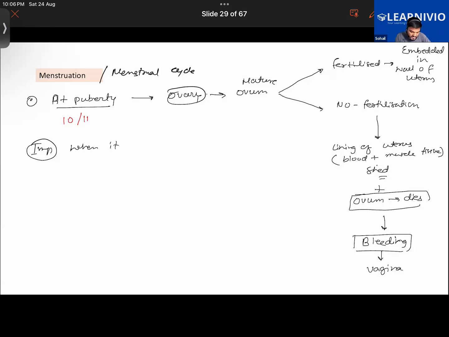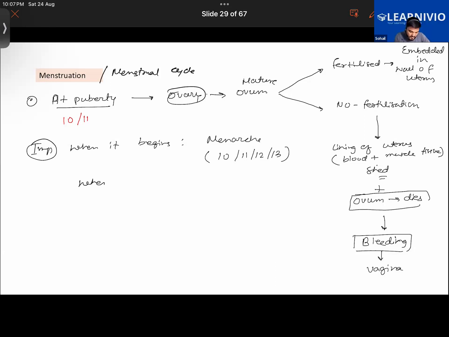When it begins, it is called menarche, usually at the age of 10 or 11 or 12, or in some cases up to the age of 13 years. It will vary from person to person.